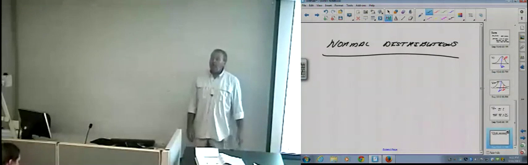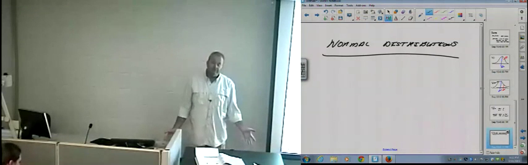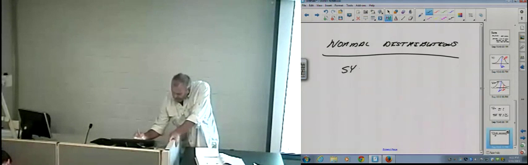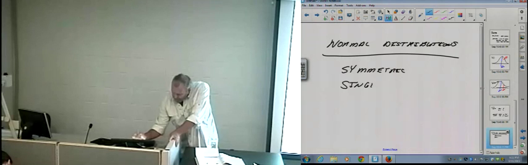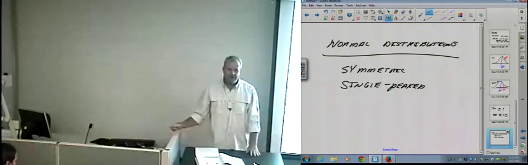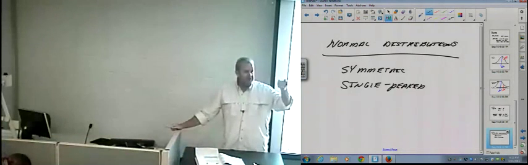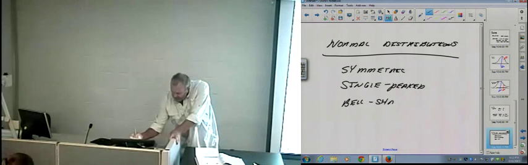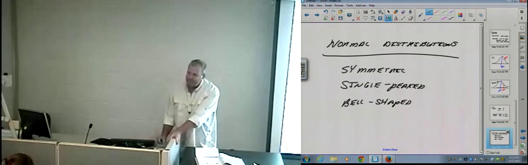Now, normal distributions all look the same. Okay? They're all symmetric, single peaked. Look, I know at this point I'm supposed to write unimodal in parentheses, but that's not what rings in my head. It's symmetric, single peaked, bell shaped. Those are the three things I think about.